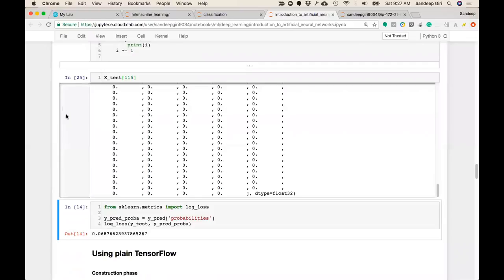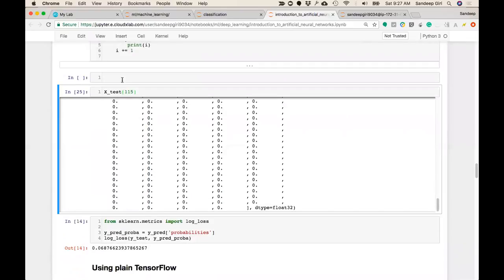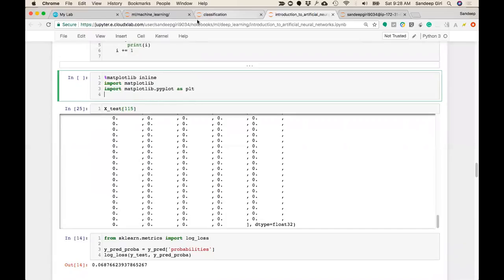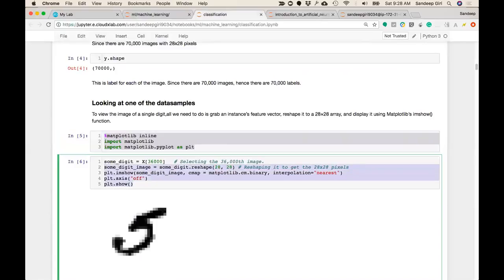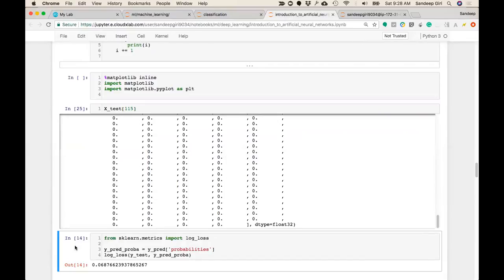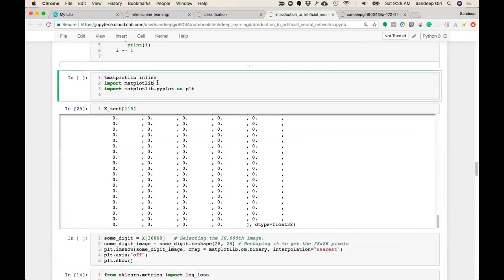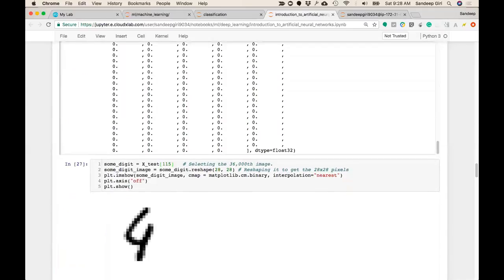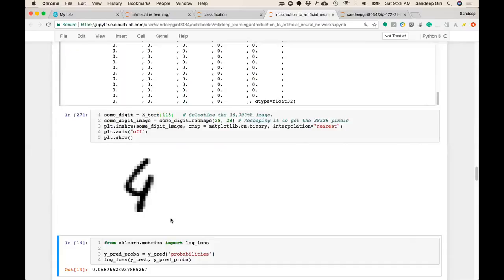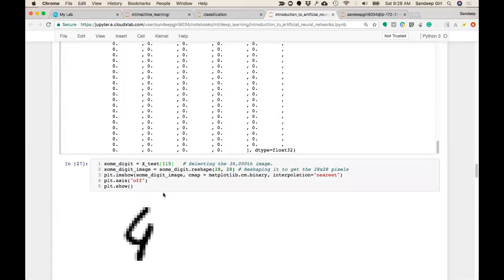All right, so I'm going to just create this part and just take this image. All right, so it could not predict it.